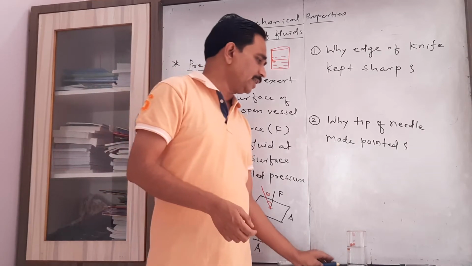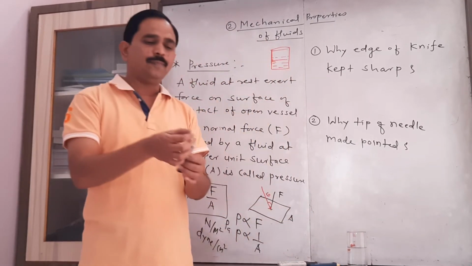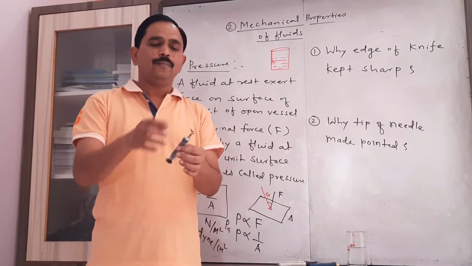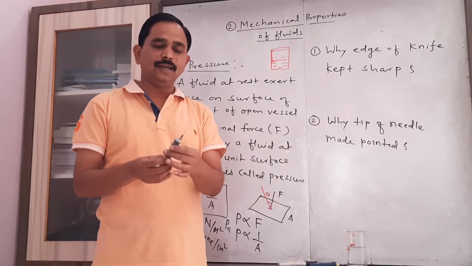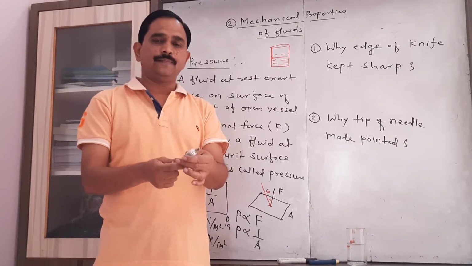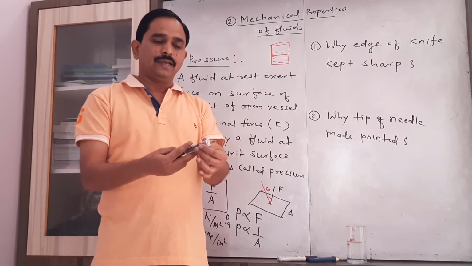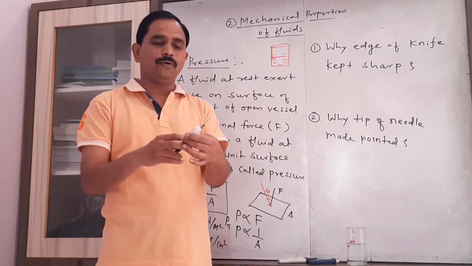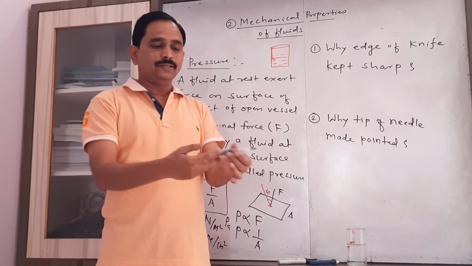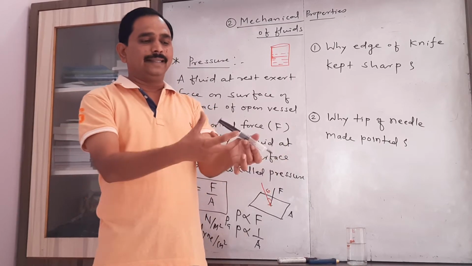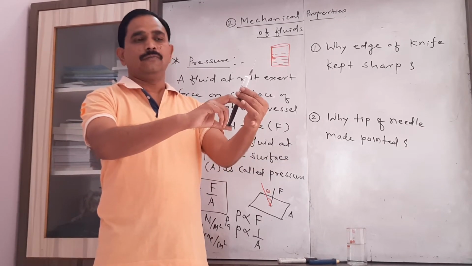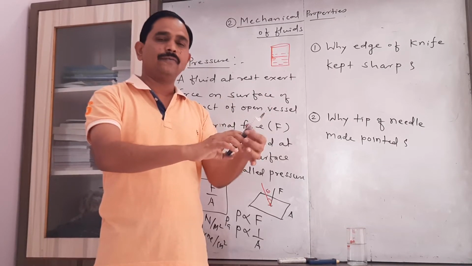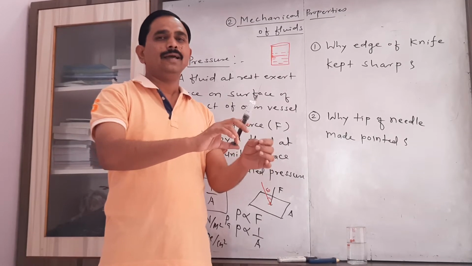Then the second question: why is the tip of the needle made pointed? Consider the needle which is connected to a syringe. The doctor draws the medicine, in liquid form, into the syringe by pulling out, and then applies force with the help of a finger. This syringe along with the needle is used to give the injection.